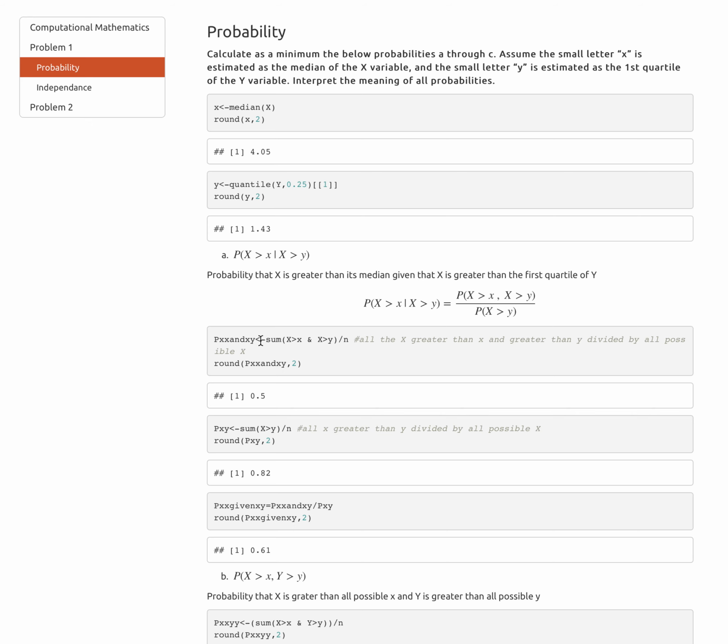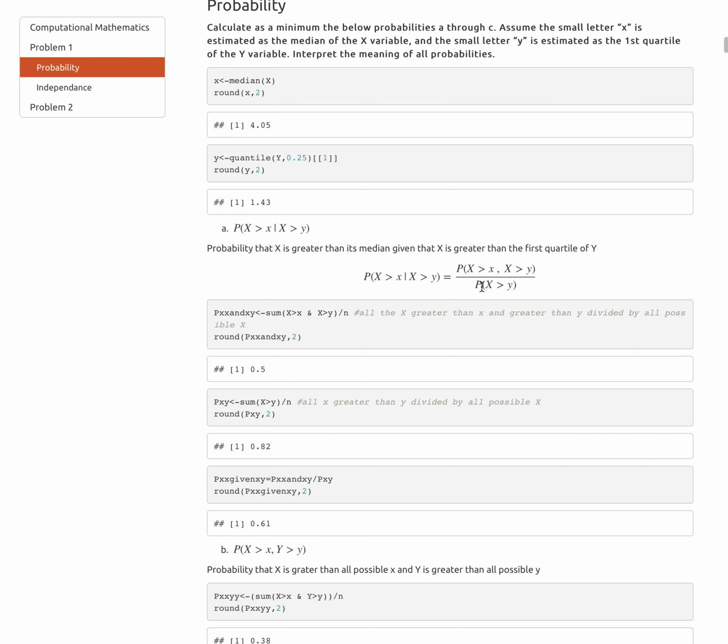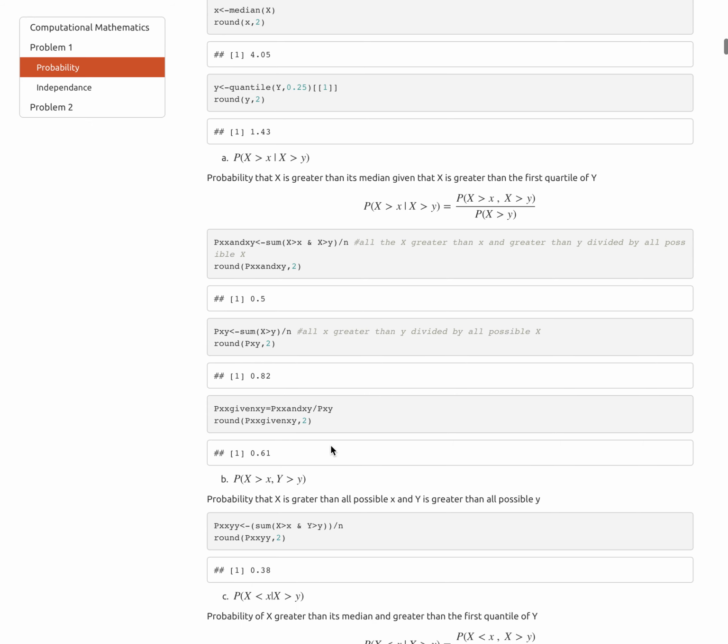For A, I used conditional probability, so I calculated each component of the formula. This is the formula right there: the probability of X greater than little x and Y greater than little y, and the probability that Y is greater than little y, and then divided both to get the result.